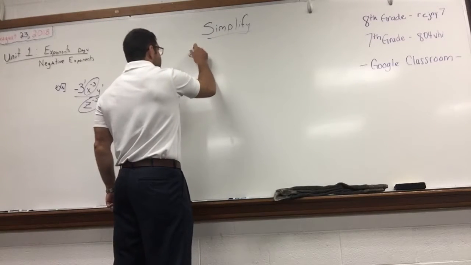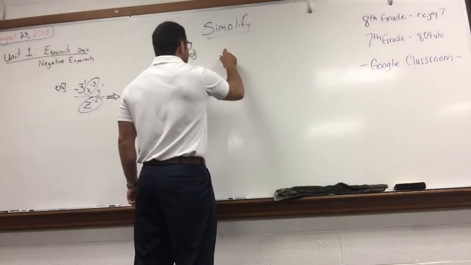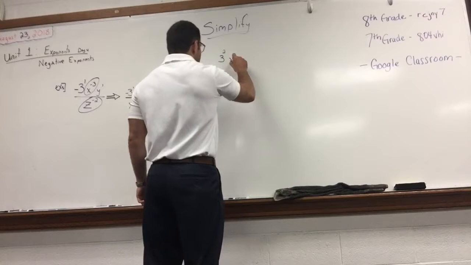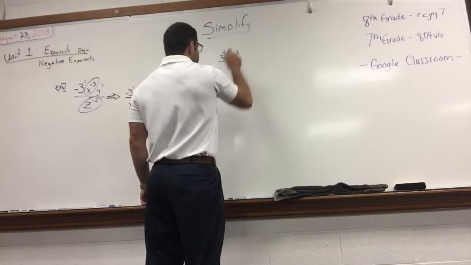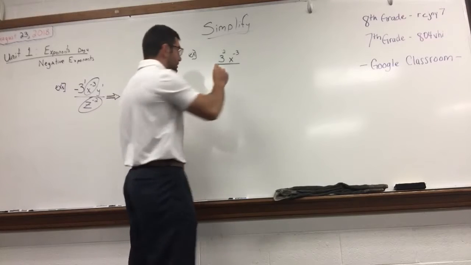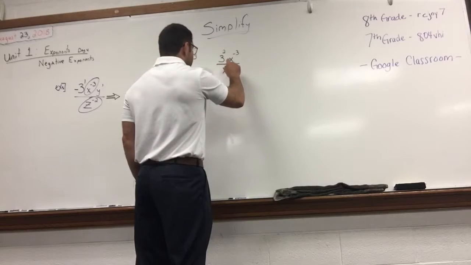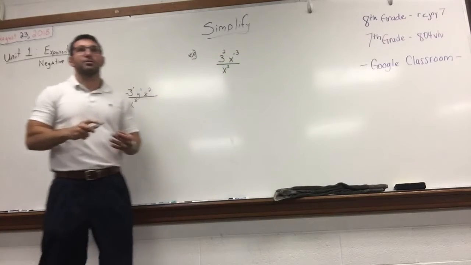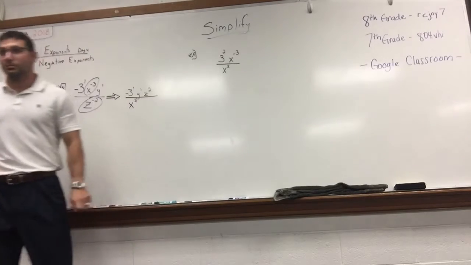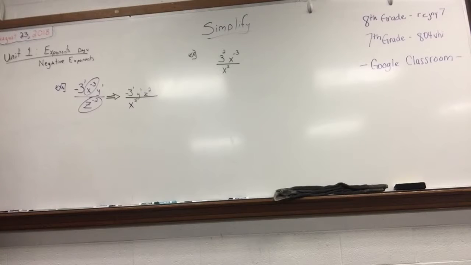So we've got 3 squared, x to the negative 3, divided by x squared. Try to simplify it. Let's see what you can do.